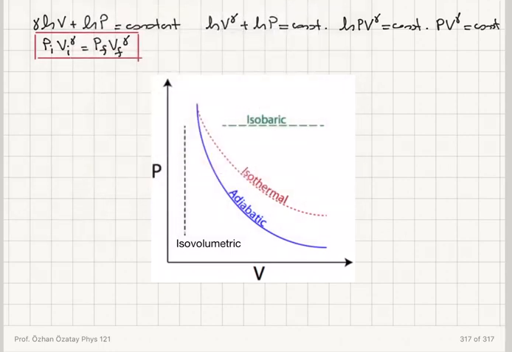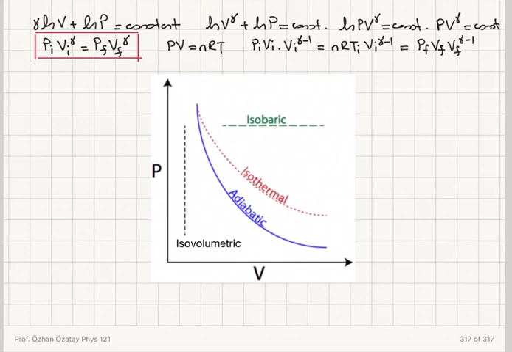And furthermore, if you write PV is equal to nRT, so P initial V initial times V initial to gamma minus 1 is nRT initial V initial to gamma minus 1, and this must be equal to P final V final to gamma minus 1.